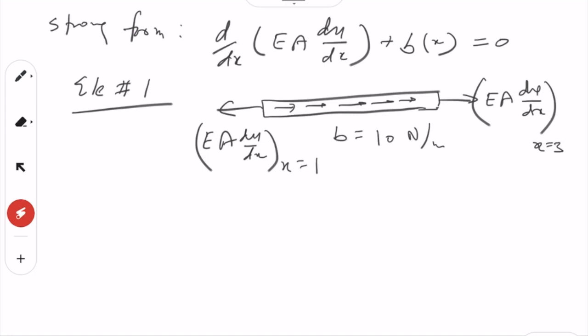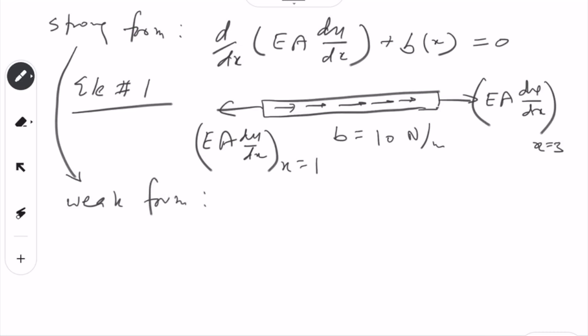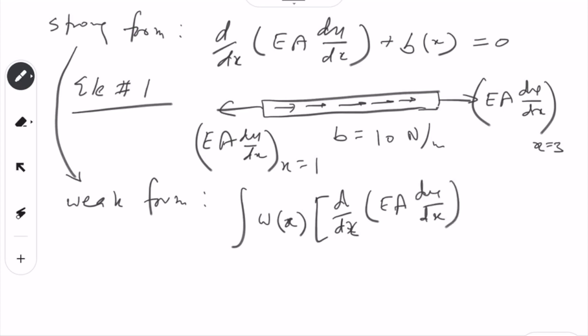So next, from this one we are going to convert to the weak form, and the weak form will be simply the integral of Wx times d over dx of (EA du over dx) plus Bx dx equal to 0.